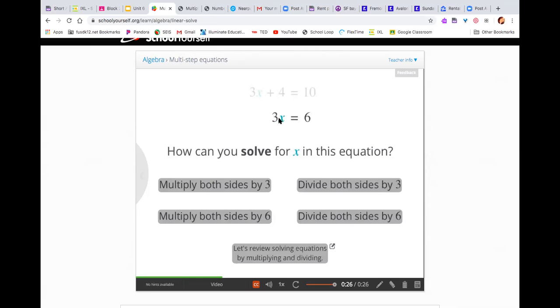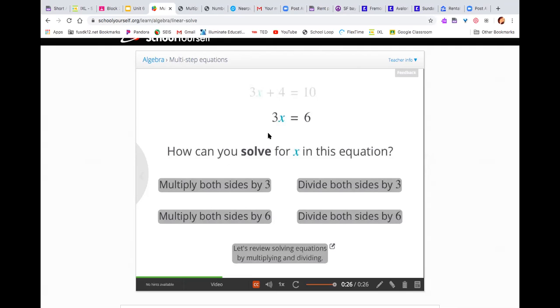So it says 3 times x. Are we going to multiply both sides by 3, divide by 3, times by 6, or divide by 6? What option am I going to do?